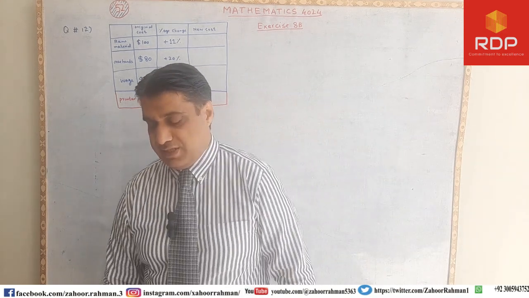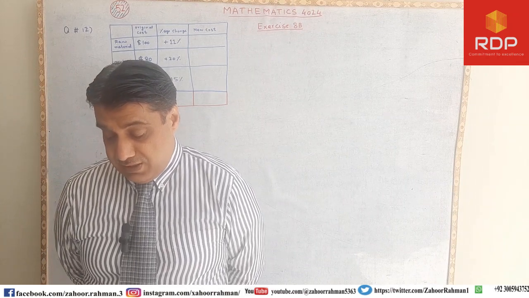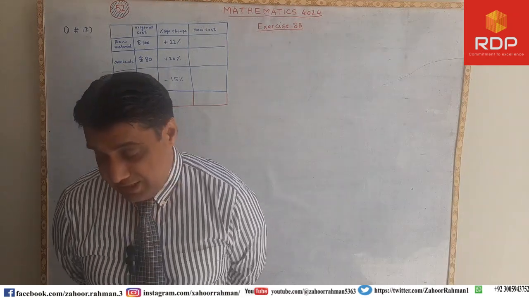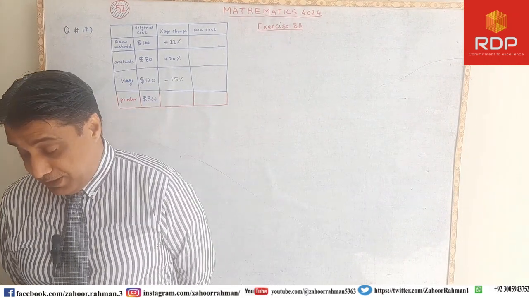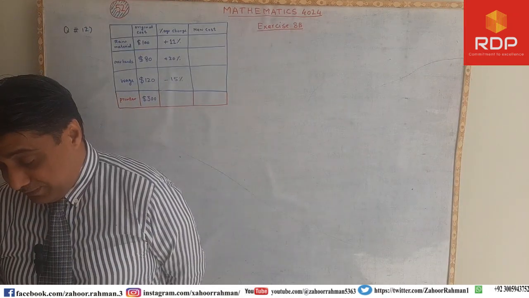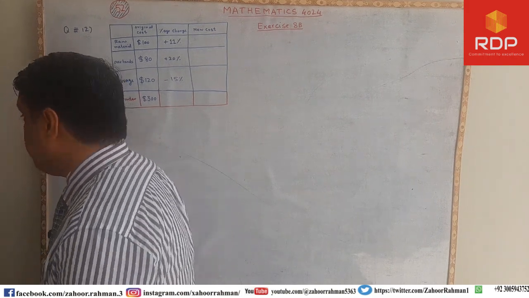Let us first understand the question. Question number 12, which is on page number 199, says that the production cost of a printer consists of the cost of raw materials.